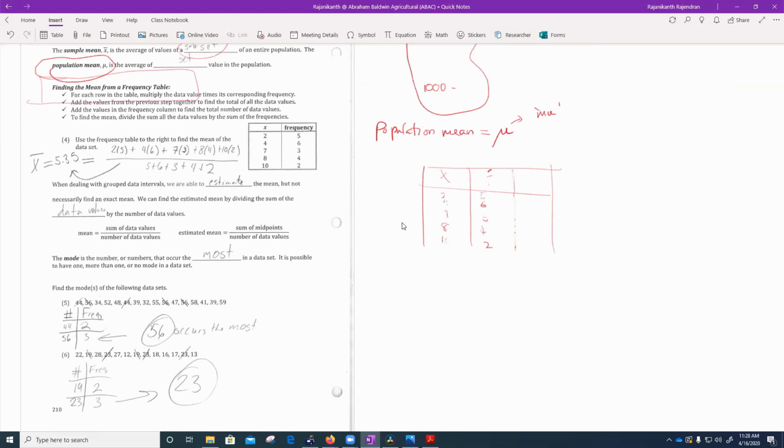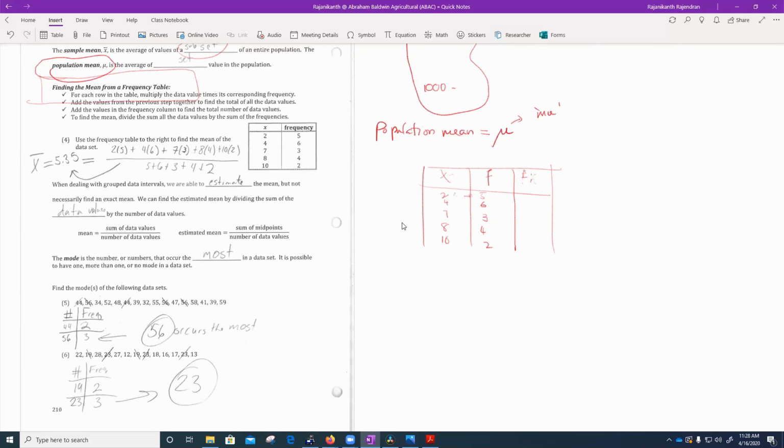This guide says, for each row in the table, multiply the data value with its corresponding frequency. Simply multiply these two numbers. Let me write down fx. I'm simply multiplying f values with corresponding x values.